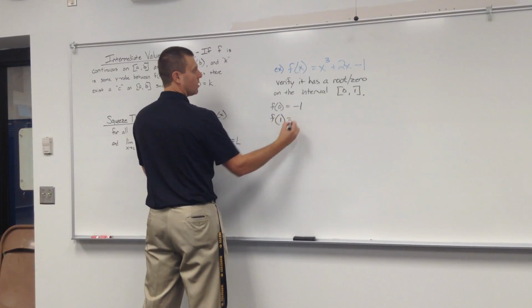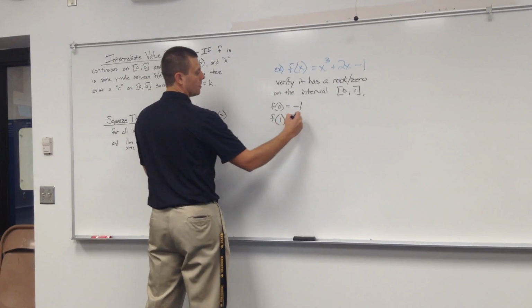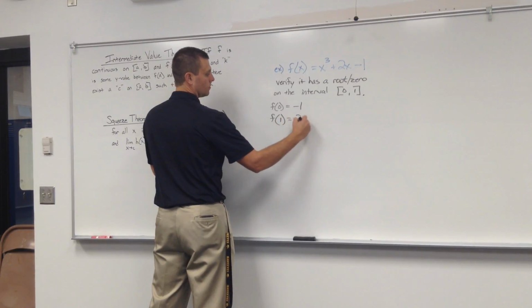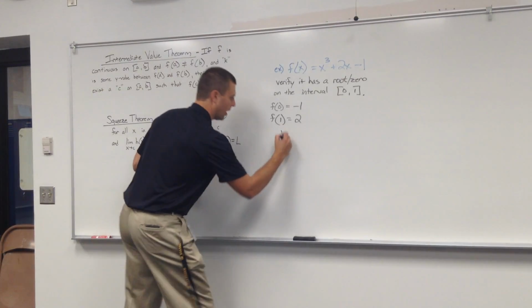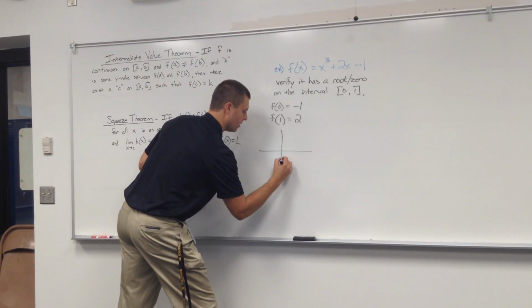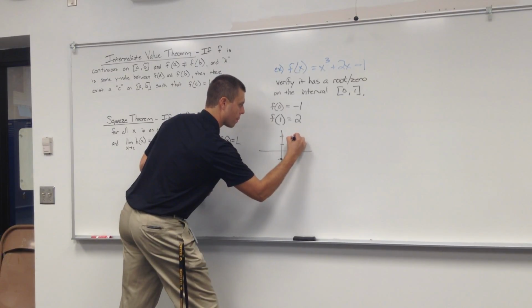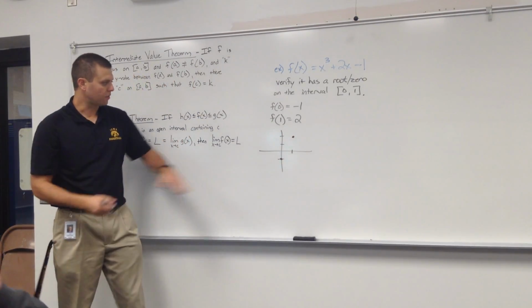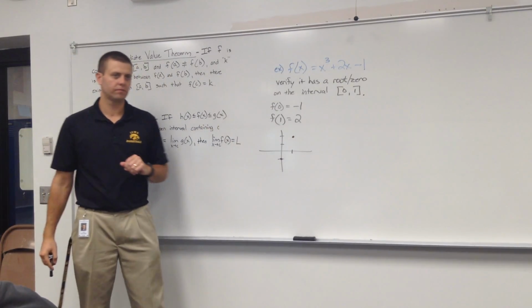What's f of 1 equal? So f of 1 would be 2? So I know that these are 2 coordinates on this graph.